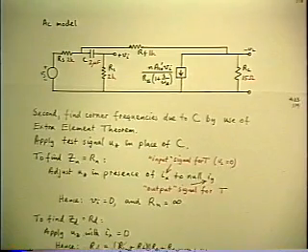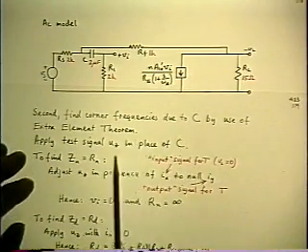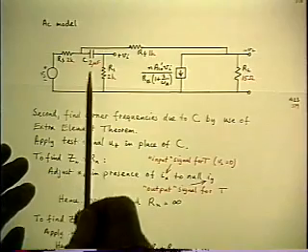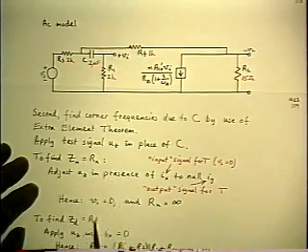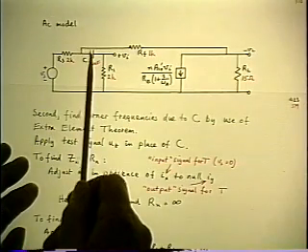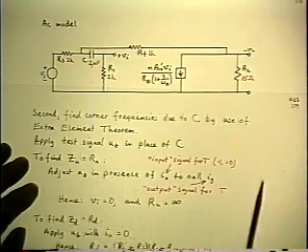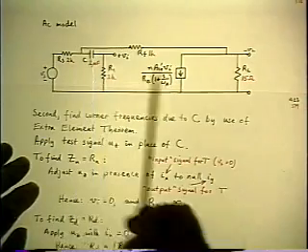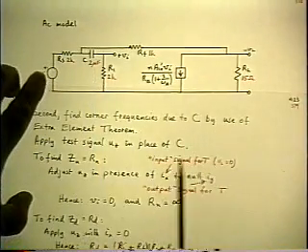So the corner frequency for C in the pole is going to come from replacing C by the independent generator and finding Rd under the conditions that Ix is 0. So what's that going to be? Vs is already 0.